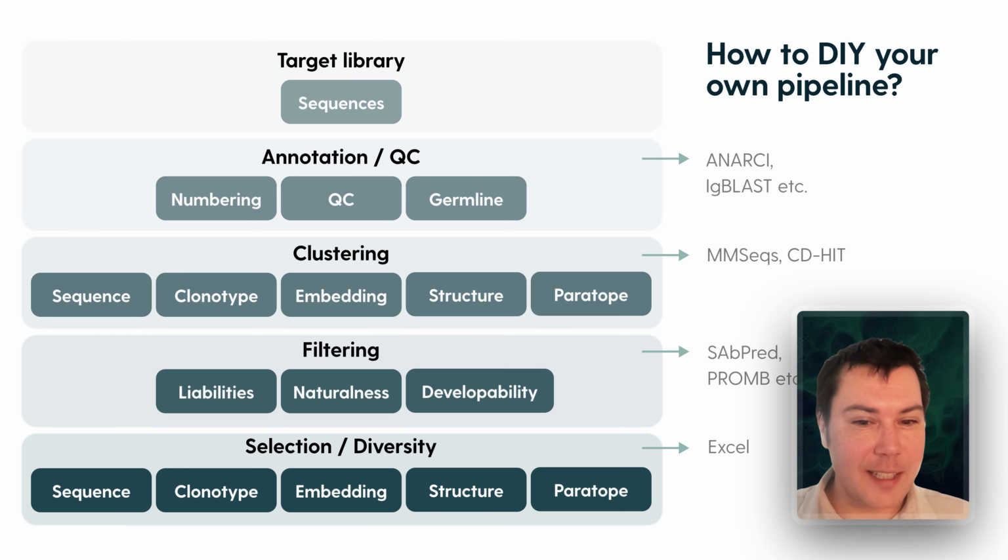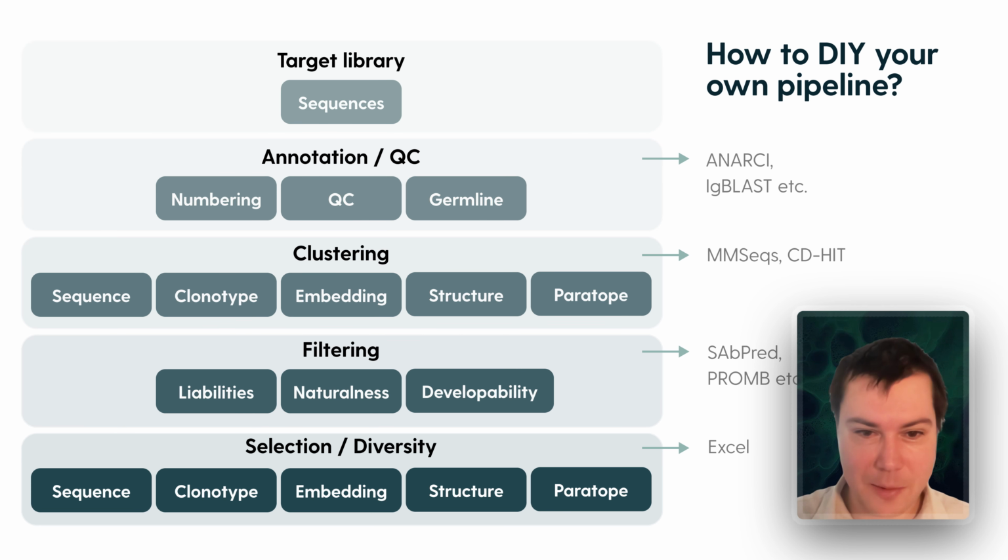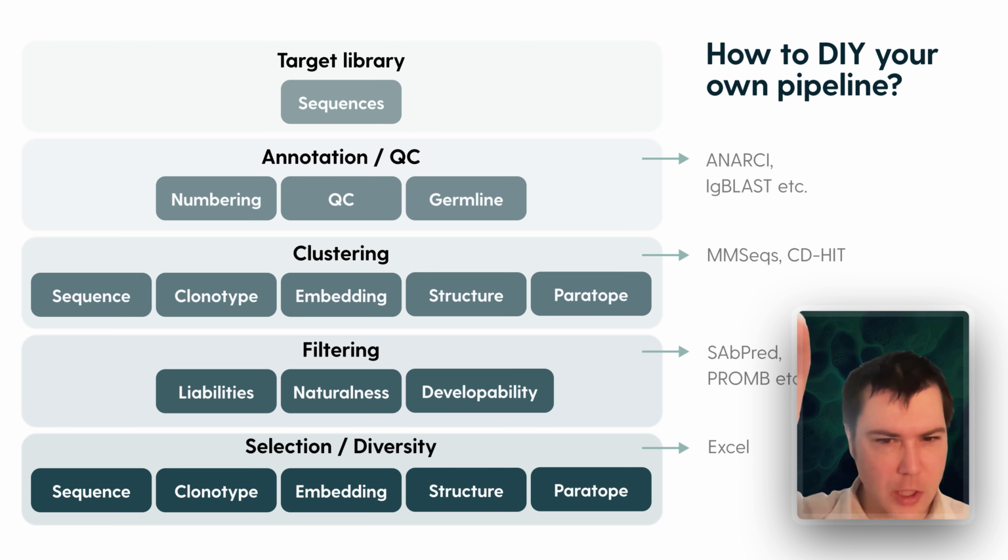Then for the diversity selections and the final selections, there are many pieces of software that do this, or at least visualize your sequences. But from what I see, there is still quite a lot of heavy Excel use. And of course, there are open pieces of software such as Incantation that can cover a lot of those bases.